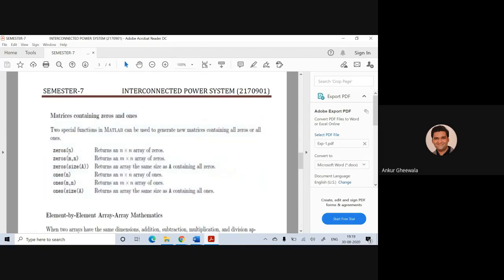It will give you a 3 cross 3 matrix of zeros, and zeros of m, n will give a 3 cross 3 or 3 cross 4 matrix. That is called a zero matrix.